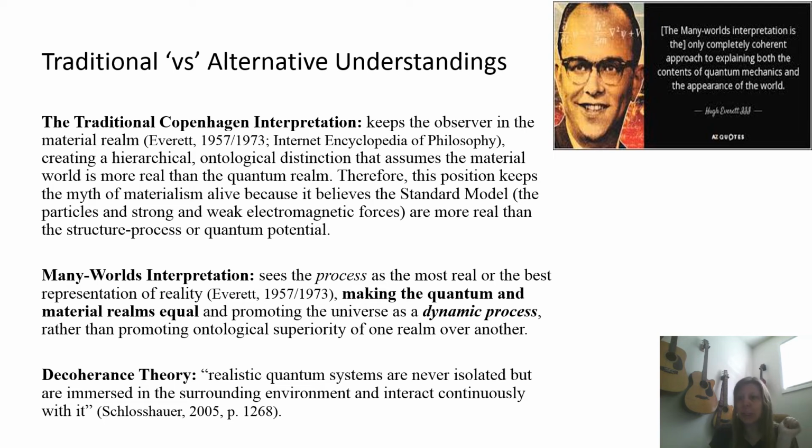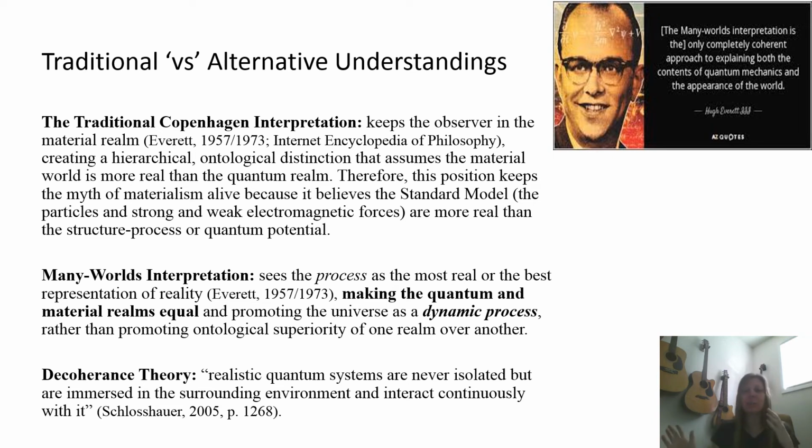Therefore, this position keeps the myth of materialism alive because it believes that the standard model, which are the particles and the strong and weak electromagnetic forces, are more real than the structure, process, or the quantum potential of the quantum realm.